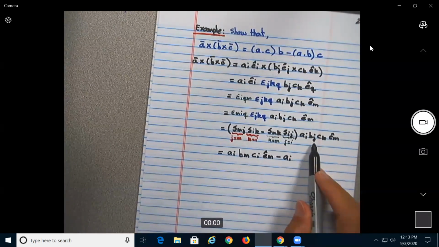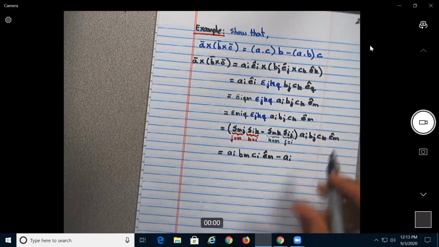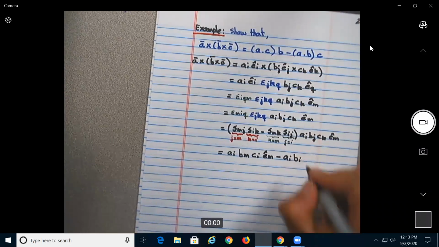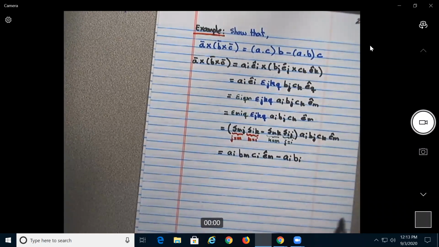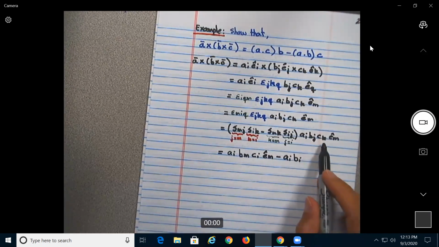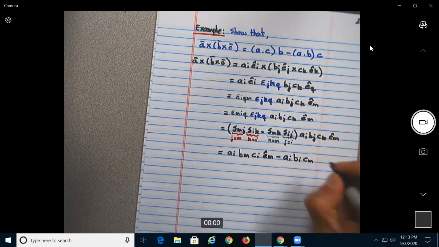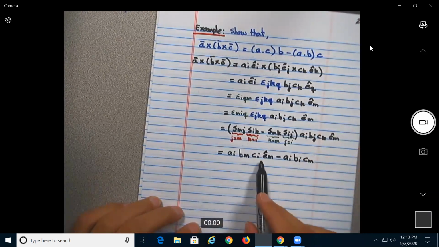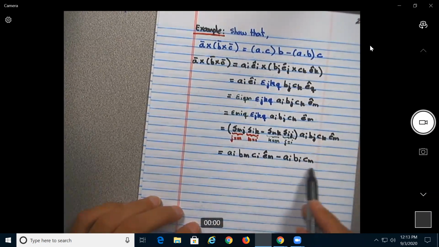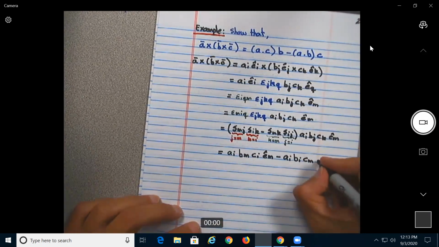Now j needs to be equal to I, so we have b sub I. And the last one will be k equal to m, c sub m. So basically you need to end up with the three indexes over here being the same ones. And this would be e sub m.